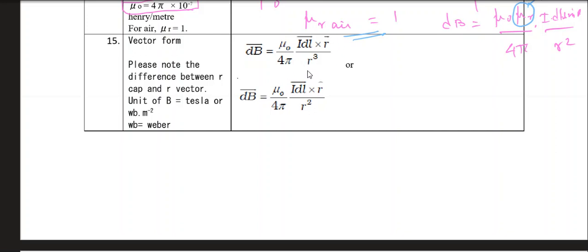You can also introduce the unit vector r cap, so that dB is equal to mu naught divided by 4 pi into I dl into r cap divided by r squared. You can use either of these equations. The unit of B is Weber per meter square, or Tesla. You can simply put Tesla. Weber is represented as Wb. So Weber per meter square, or Tesla, is the unit of magnetic field.